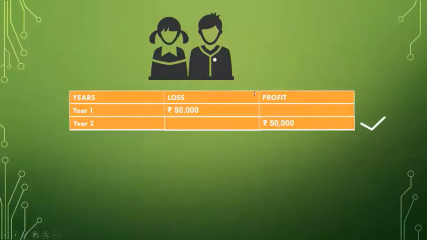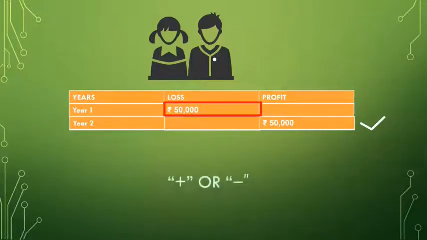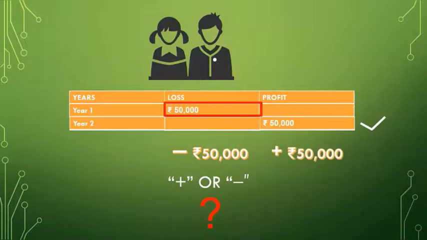That's correct. Now, let us write the above two situations using these signs. A loss of 50,000 rupees can be written like this and said minus 50,000 rupees, and a profit of 50,000 rupees can be written like this and said plus 50,000 rupees.